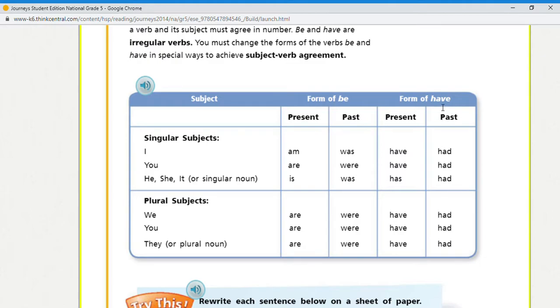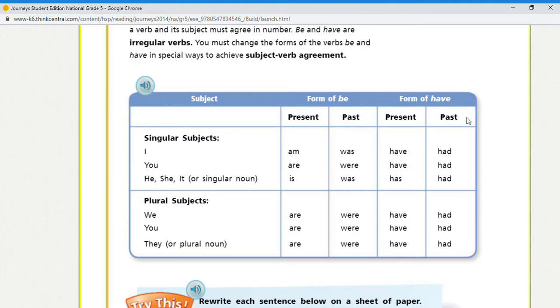While for the verb have, the present is have for both I and you in the singular subjects, and has for he, she, or it, or any singular noun. So let's say Ali. Ali has. Okay, you have. I have.